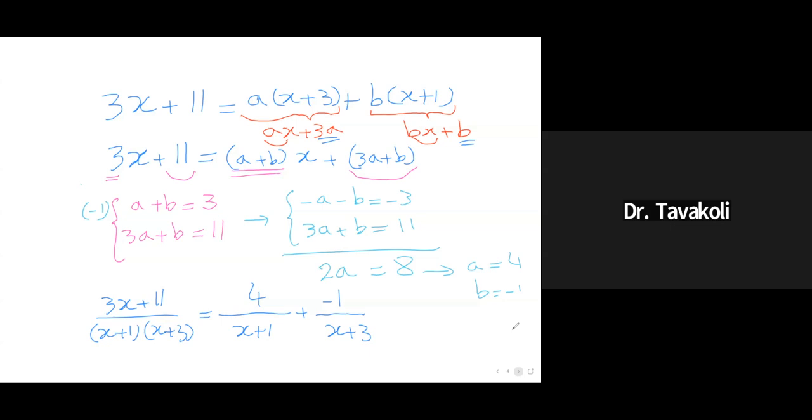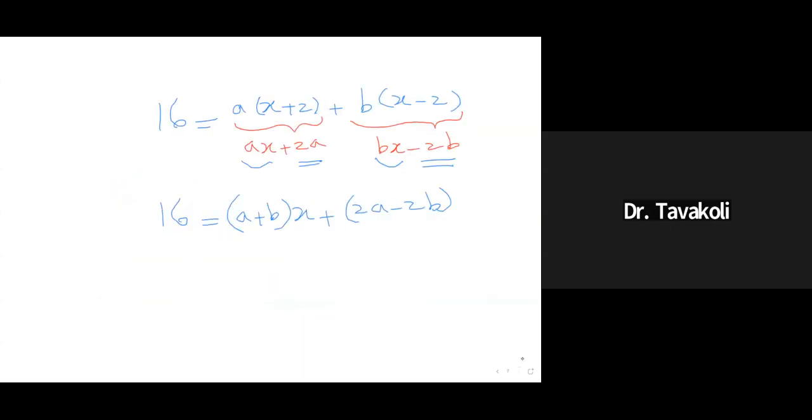But here I see that on the left side, I just have 16. I don't have anything times x. So I can write here a 0x, because I don't see anything on the left of 16. Why do I do so? Because I need to compare the corresponding coefficients.